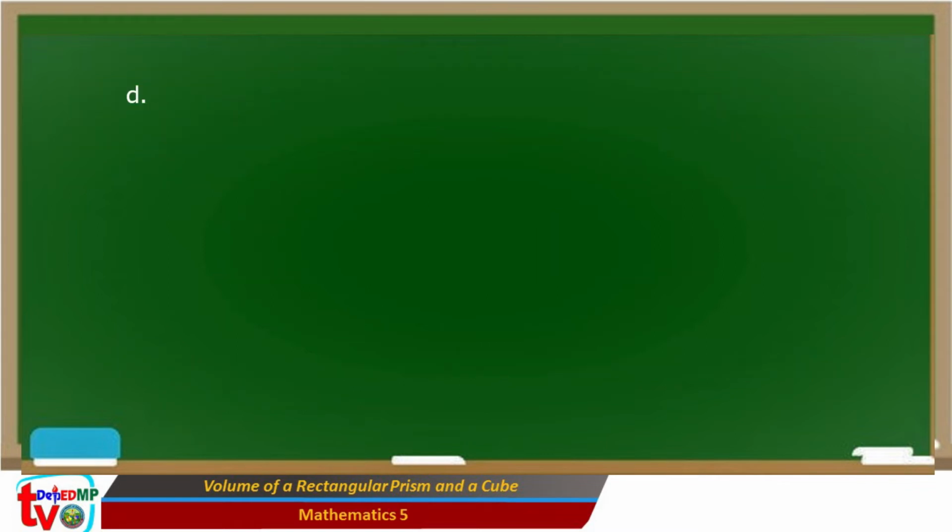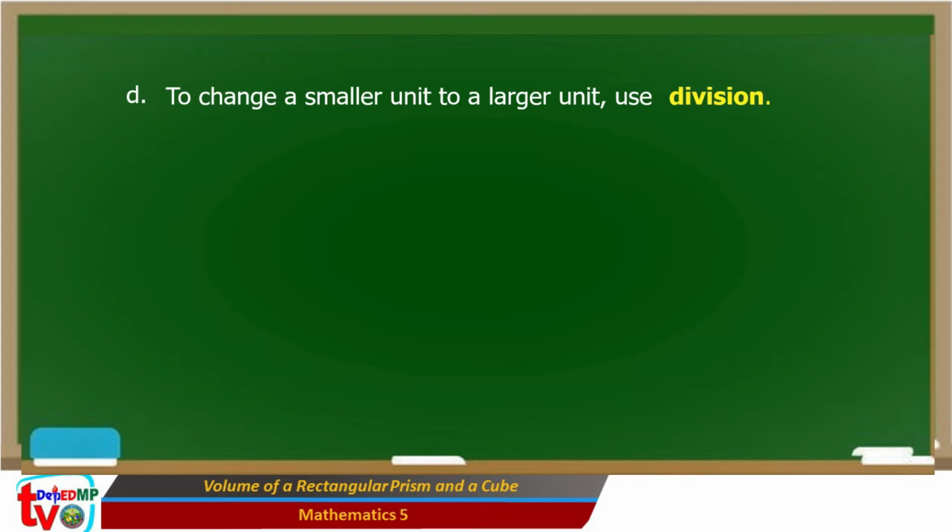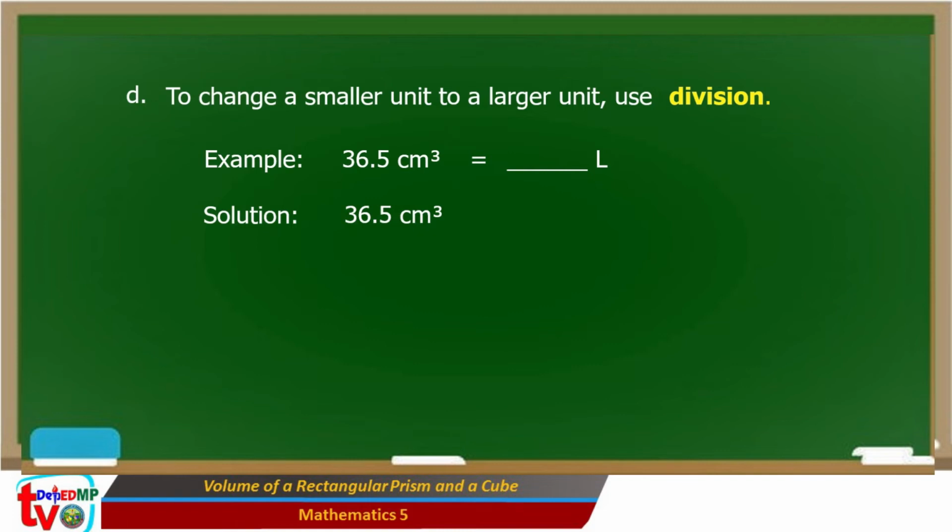Now, to change a smaller unit to a larger unit, use division. Example, 36 5/10 cubic centimeters equals blank liter. Solution, 36 5/10 cubic centimeters divided by 1,000 equals 0.0365 liter or 365 10,000ths liter.